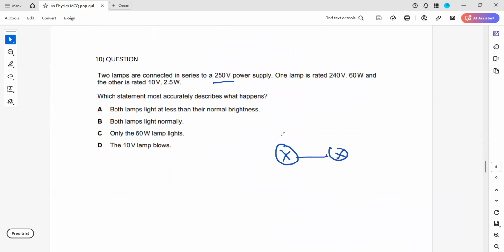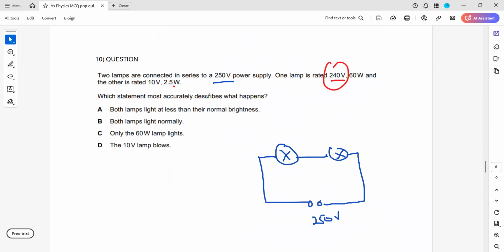The supply is 250 volts. One lamp is rated 240, like it needs 240 volts to work normally. Another lamp is rated 2.5 watt and 10 volts, so it needs 10 volts.